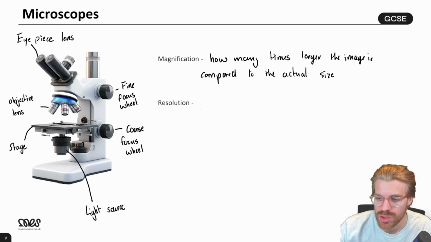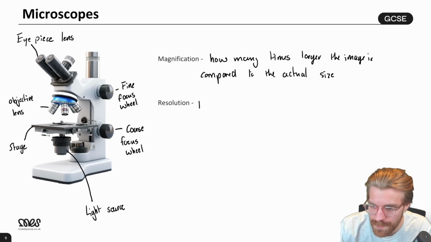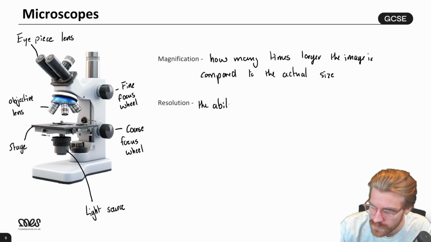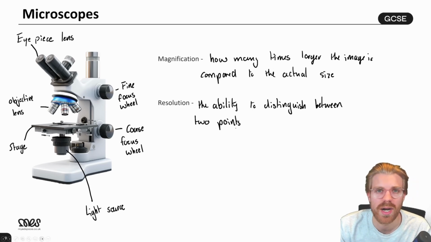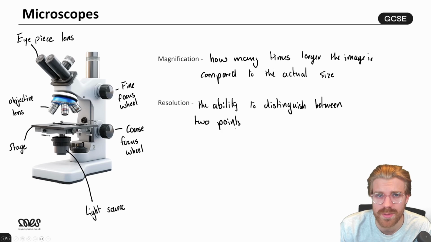What about our resolution? Well, the resolution is the ability to distinguish between two points. So what does that mean? Well, imagine two very, very small parts of a cell. For example, a ribosome.